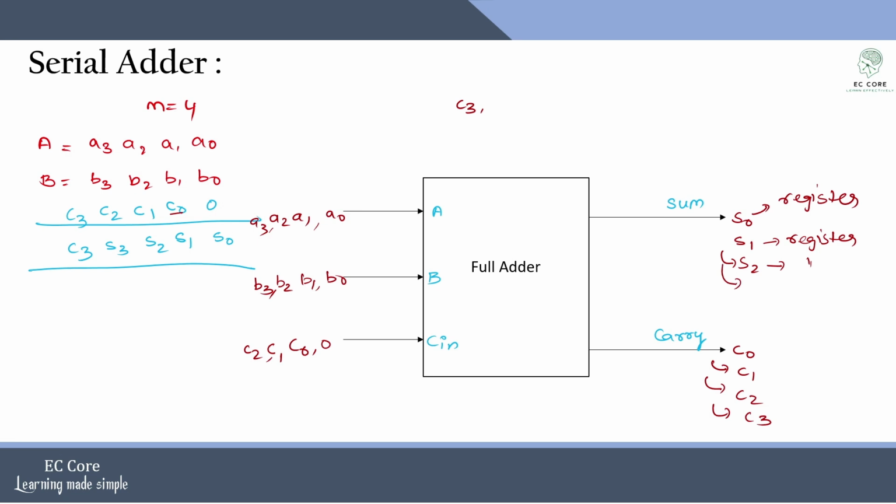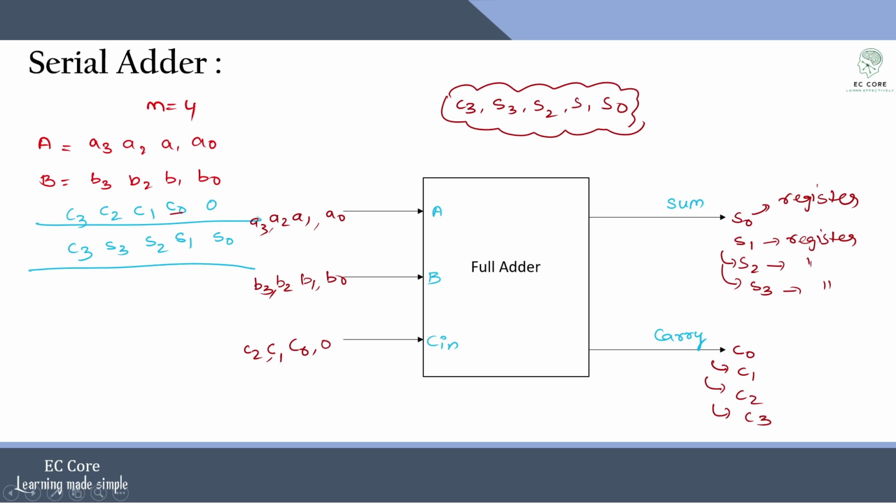This will produce S3, and this will be stored in one register. So C3, S3, S2, S1, and S0 is my output when I am performing addition serially for a 4-bit operation.